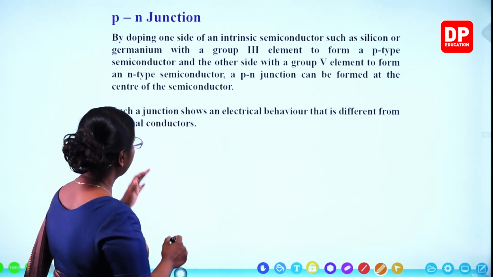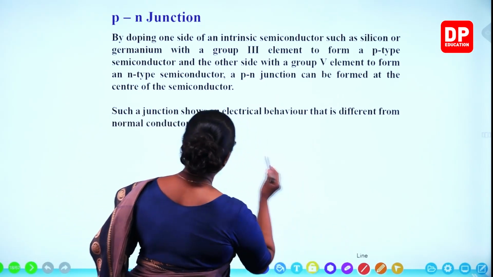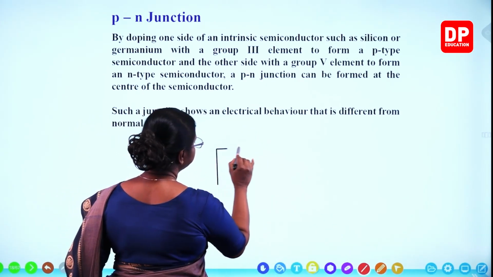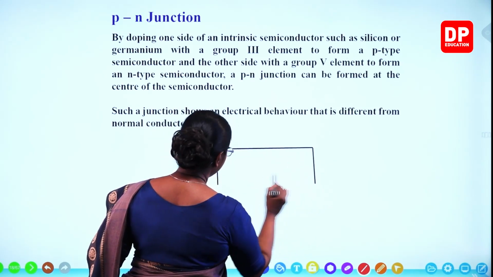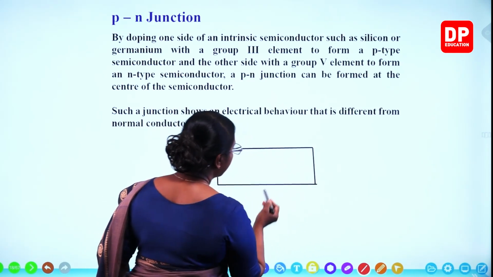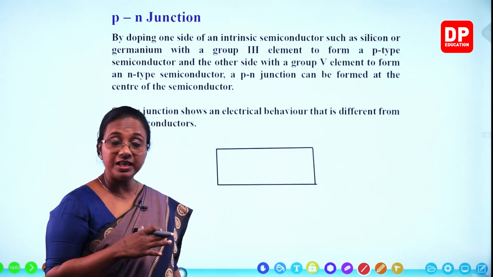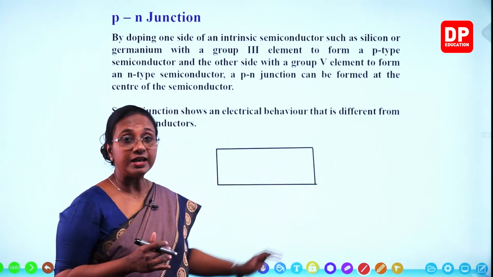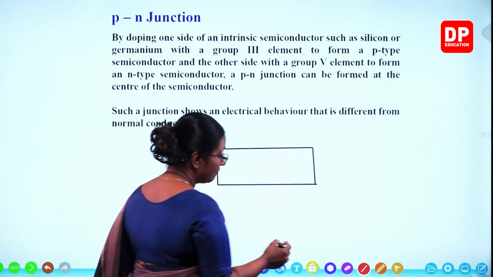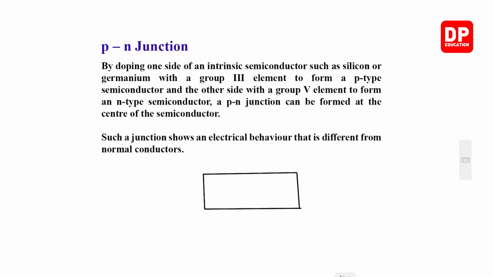At the same time, now like I told you all, if we have a semiconductor, what we can do is dope it with group 3 on one side and group 5 on the other side. So then what will happen? If we dope it with group 3, you get the P-type semiconductor here.